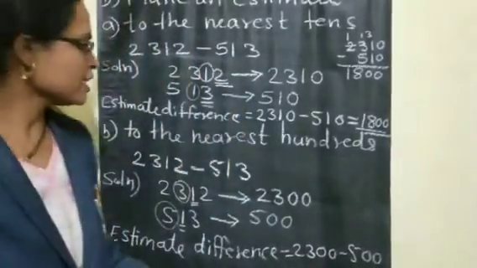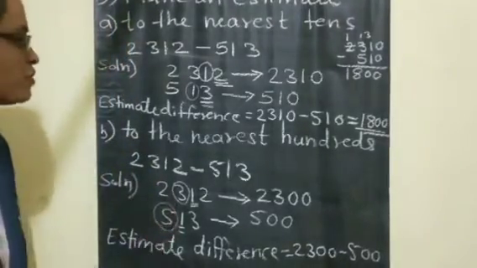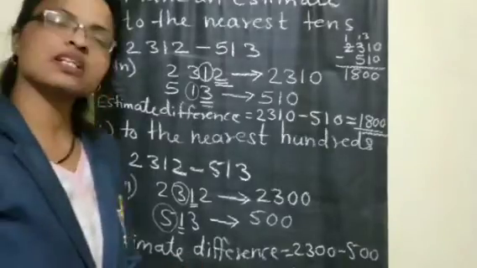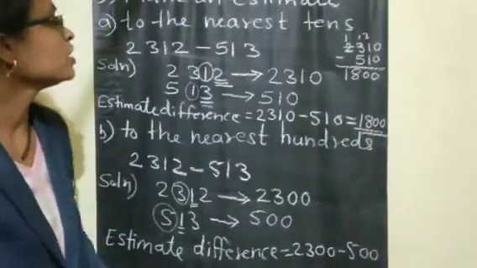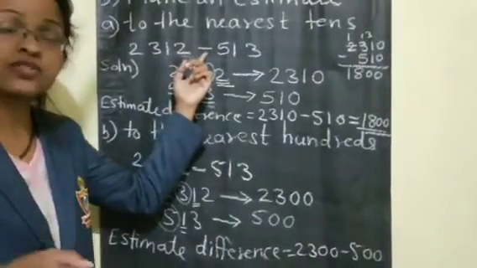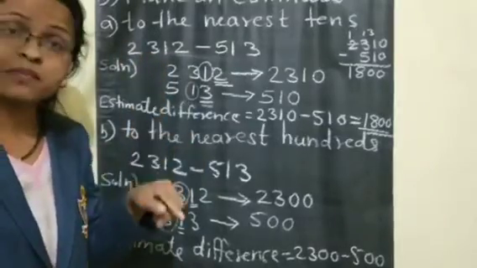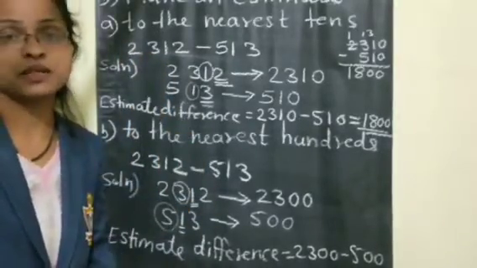Same, that is 1800. Okay, so after estimation, if you observe, you are getting a similar answer. So one more thing, children, you have to observe the sign. If it is plus, do the addition. If it is minus, do the subtraction.